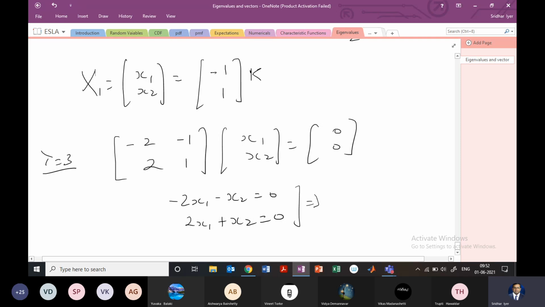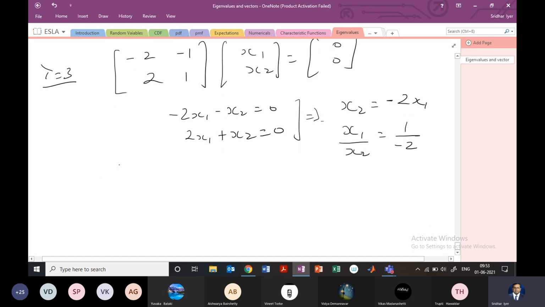From these equations we can see that x2 is negative 2x1. You can write it the other way also, but we are writing it as x2 equal to minus 2x1. Therefore, if we cross multiply, x1 by x2 will give us negative 1 by 2, or I'll write this as 1 by minus 2.